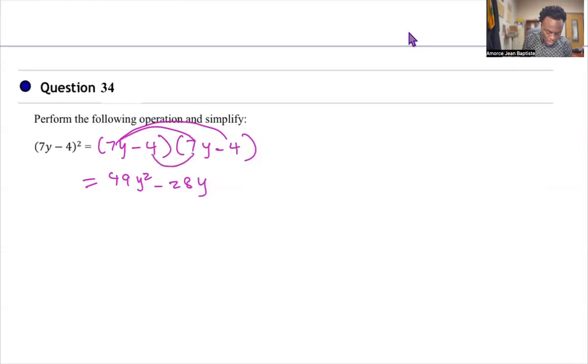Negative 4 times 7y, another negative 28y. And then negative 4 times negative 4 is positive 16. Combine like terms, 49y squared minus 56y plus 16.